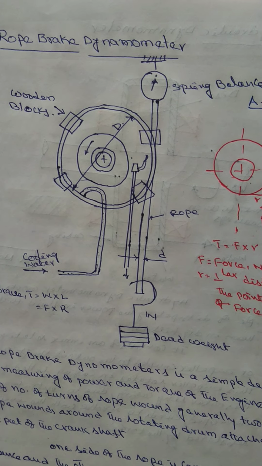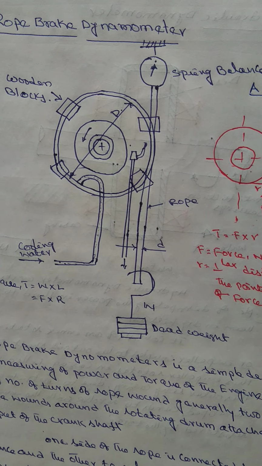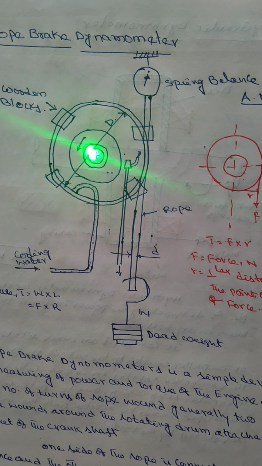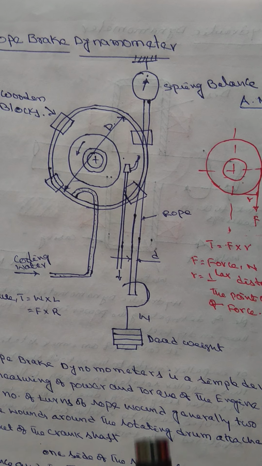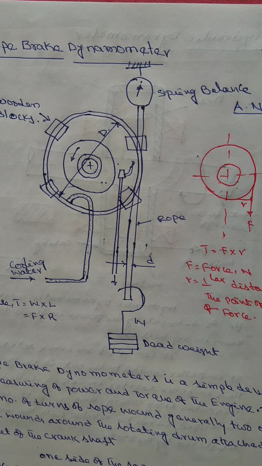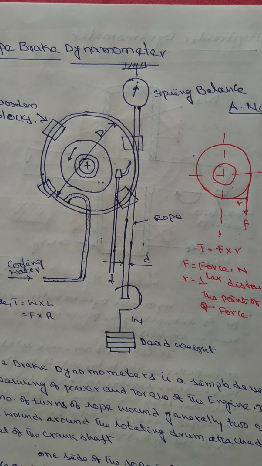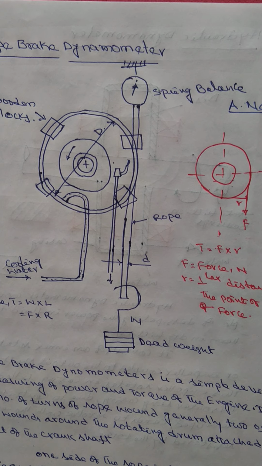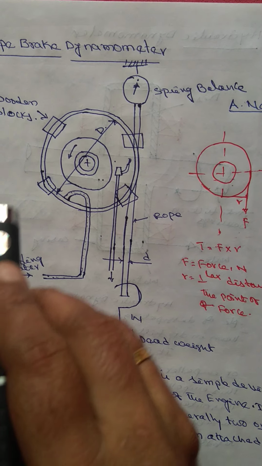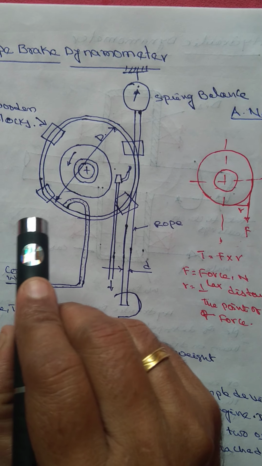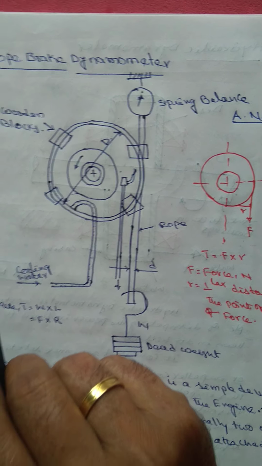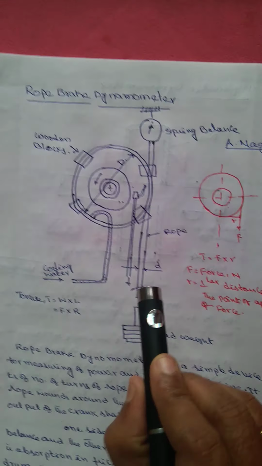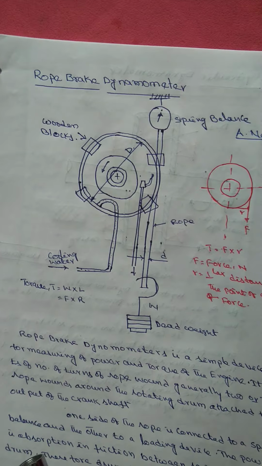The engine crankshaft is connected with the shaft, and we arrange wooden blocks over there. In our setup there are no wooden blocks, even though we can arrange wooden blocks to reduce the friction.